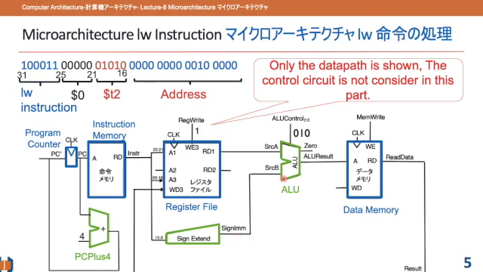Now come to the ALU. Basically the ALU performs all arithmetic and logical operations and shift operations. Particularly, it performs the operation based on the ALU control, a 3-bit ALU control. If the control value is 0, 1, 0, that means the ALU performs the addition operation.